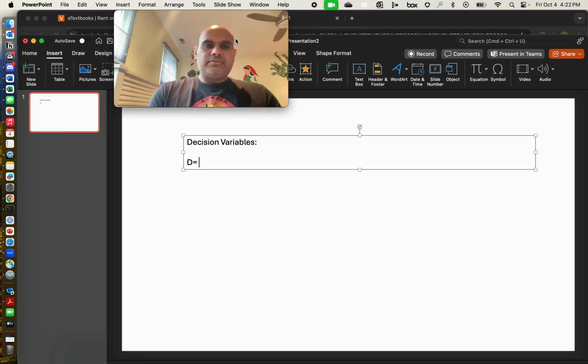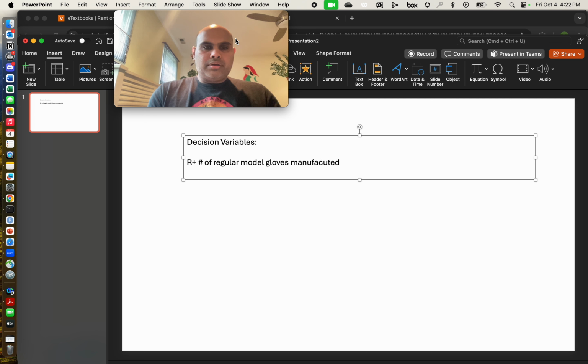R is the number of regular model gloves made, and C is the number of catcher's gloves that are made. All right. And those are our decision variables.